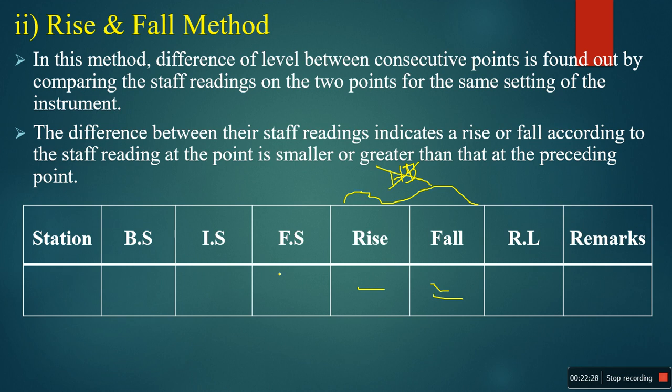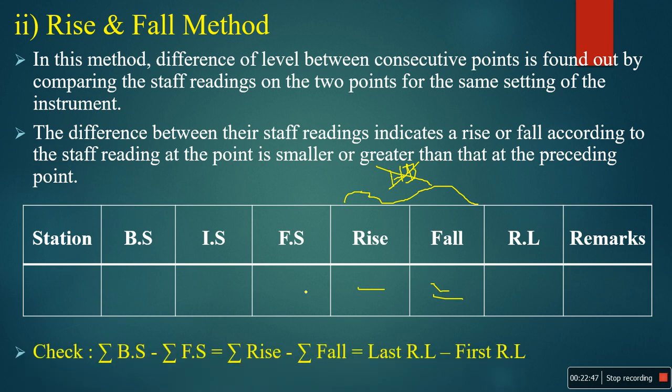I will solve a problem so that you come to know how to enter the readings and calculate RL and HI. Similarly, in the rise and fall method, there is one formula for checking the calculation. It is the same as before: summation of BS minus summation of FS, equals last RL minus first RL.